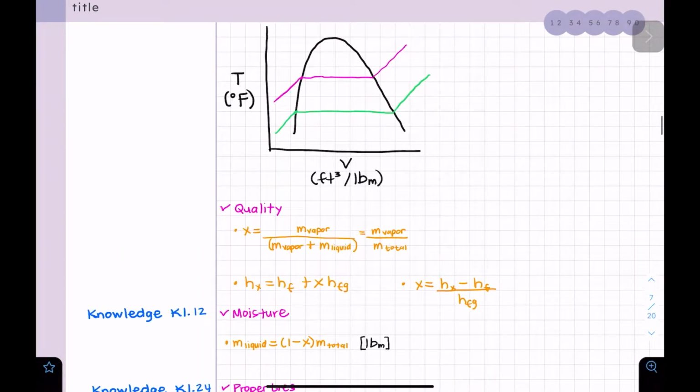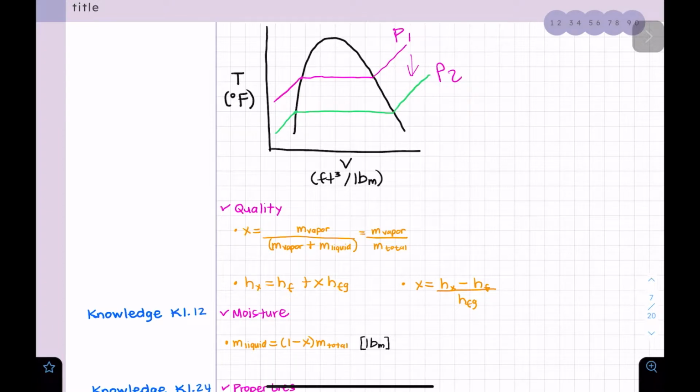We're also going to have our TV diagram, because we can have instances with pressure 1 and pressure 2. For example, what's going to happen to the temperature if I decrease the pressure? Am I decreasing or increasing something here?